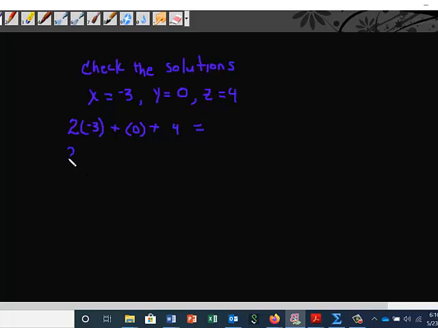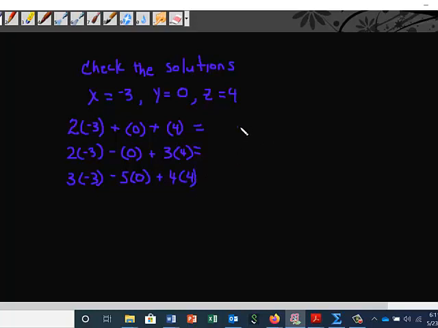Now, the second equation was 2 times -3 minus 0 plus 3 times 4, and this was going to be 3 times -3 minus 5 times 0 plus 4 times 4. So let's see if this comes out right.